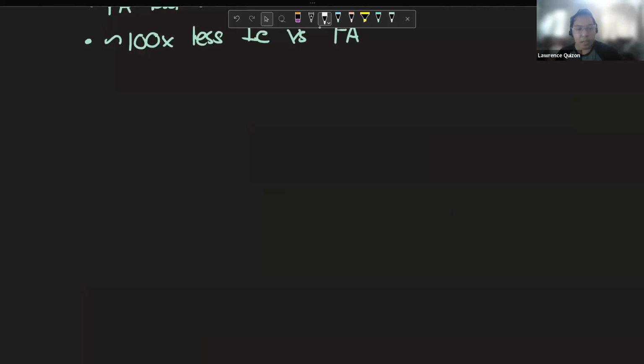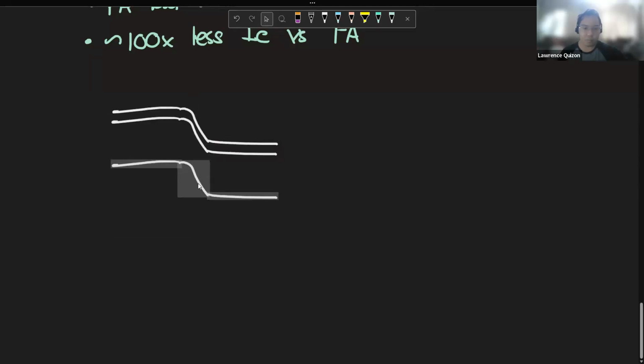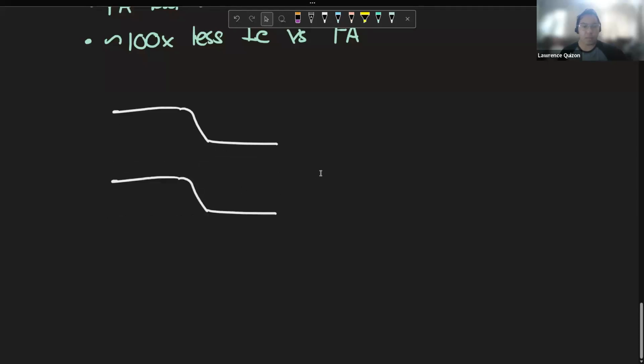So for example, no, we have a PN junction na naka-forward bias. Let's try to make it forward bias.